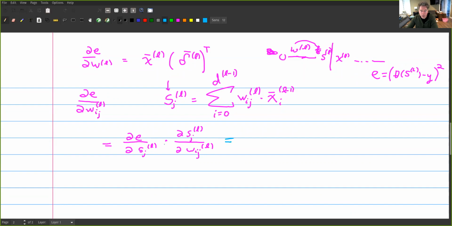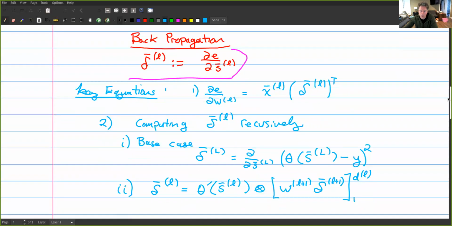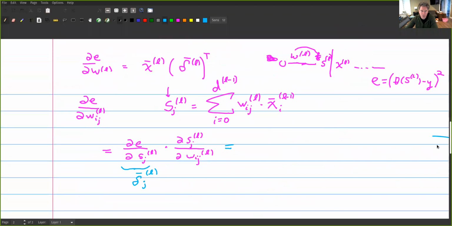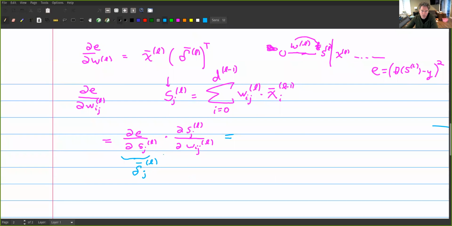So both of these are easy to compute because from the definition, this one is just the jth entry of delta^L. If you come back up here, here's the definition of delta, so its jth entry is that. And now you have this part, but this part can easily be figured out using this expression here and your knowledge of calculus.